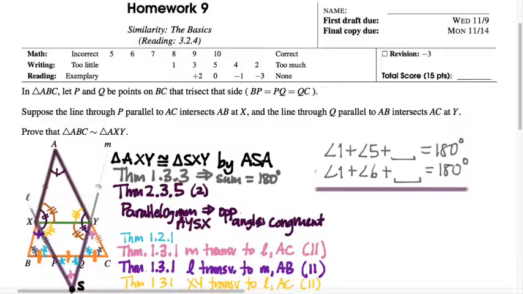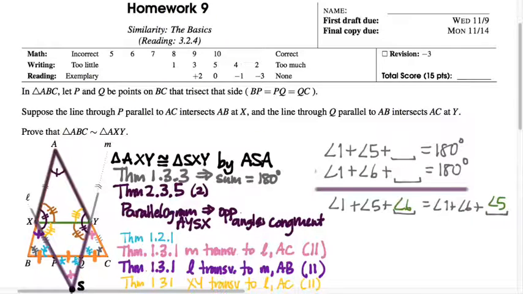Setting the equations equal to one another instead: angle 1 plus angle 5 plus whatever has to equal angle 1 plus angle 6 plus whatever. And so filling in angle 6 here and angle 5 there balances the two equations. I made more of that than we needed to.